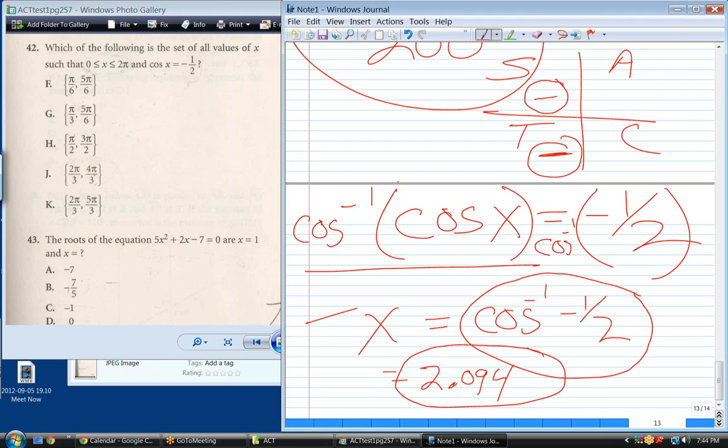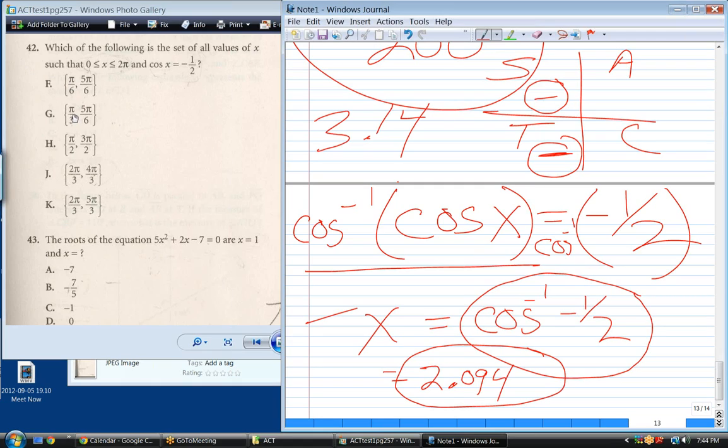Let's see if we can figure out what the second quadrant answer is. Your calculator only goes through the second quadrant. So this number 2.094, which of these initial numbers does that correspond to? If you look in your calculator, pi is about 3.14, so clearly pi over 6 isn't it.